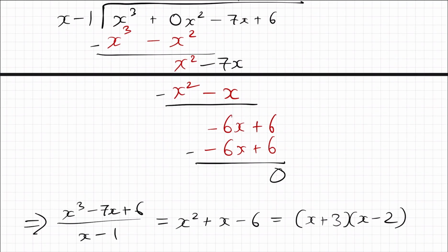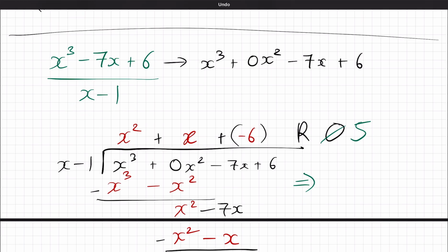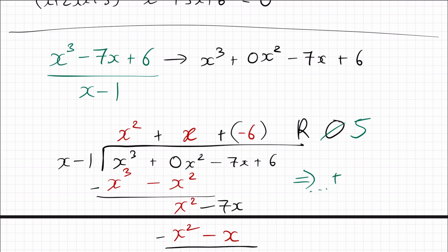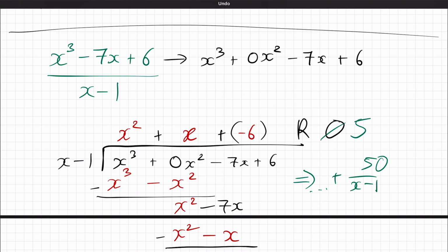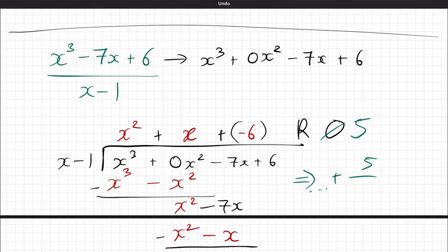So if this instead came out to something like 5, so you get r equal to 5, like so, then remember this is the divisor, so it's going to be whatever this is plus 5 over the divisor, so 5 over x minus 1, like so, which is why when it's 0, this whole term cancels out. But yeah, that's just what the r term does.